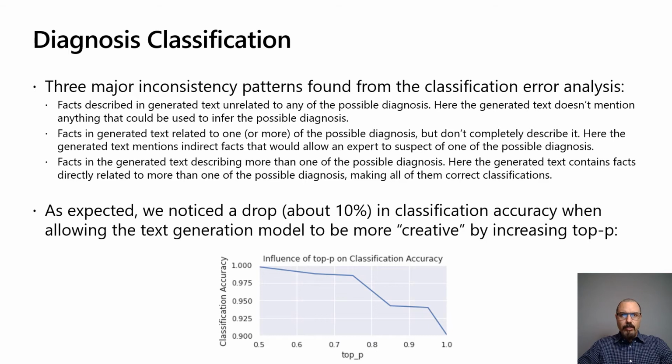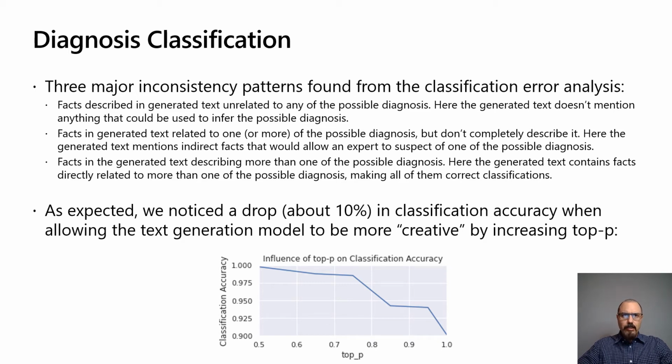In our first evaluation, we found 3 major inconsistency patterns. We saw examples of generated text with facts unrelated to the diagnosis, making it impossible even for an expert to link those facts to one of the possible diagnoses. We also saw examples of facts in the text that could be linked to one or more of the possible diagnoses, but those facts were not sufficient for one to reach a conclusion.